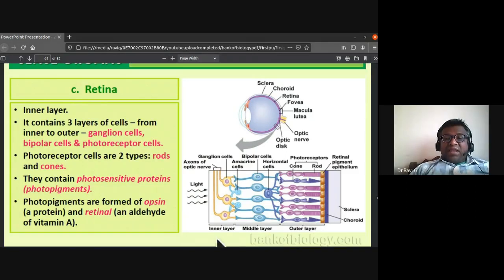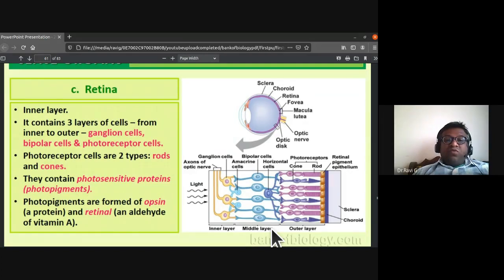So the retina has three layers. From inside to outside, the inner layer is the ganglion cells. The middle layer is made up of bipolar cells, and the outermost layer is made up of the photoreceptor cells, that is, the cones and the rods.